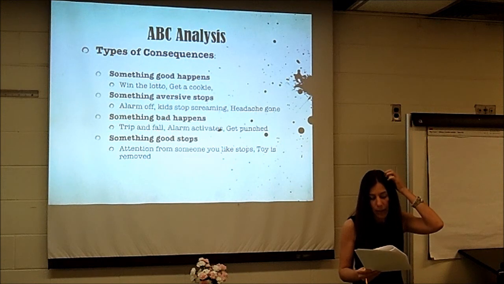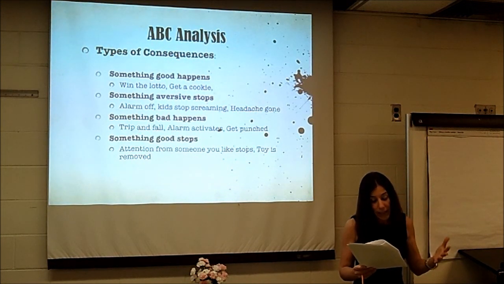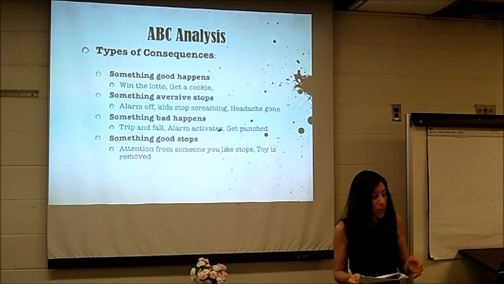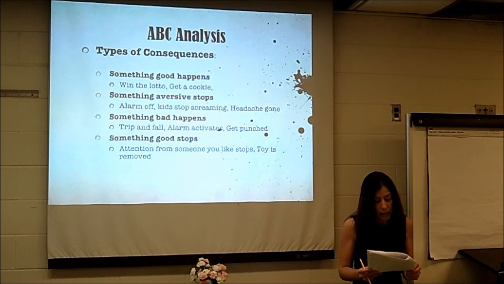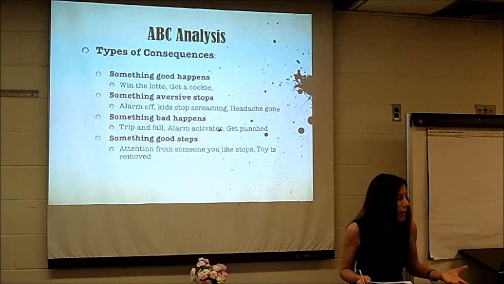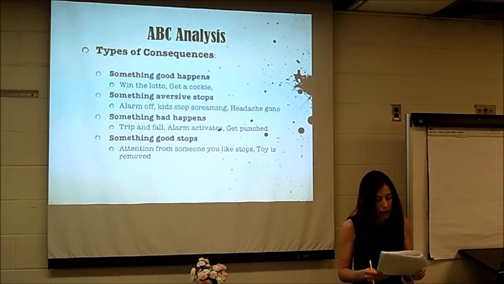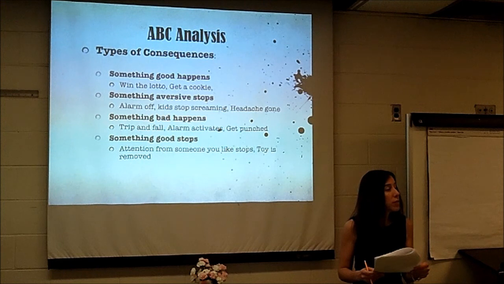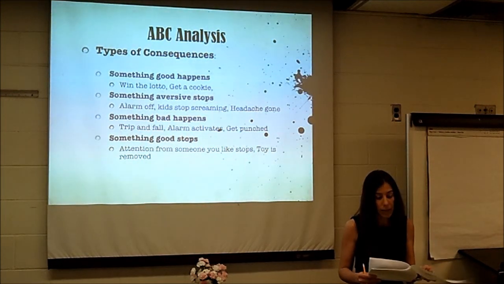That's something bad that stopped. Something bad can happen. So if you're running, then you can trip and fall. And something good can stop. So if you have access to something and then someone takes my drink, that would make me upset, more upset. So those are different types of consequences.